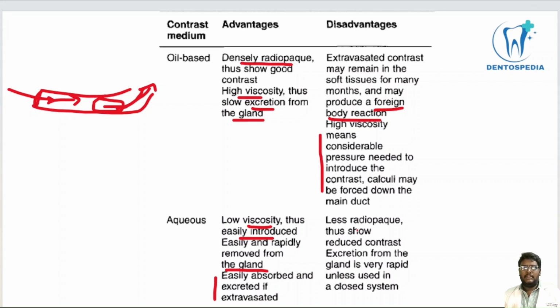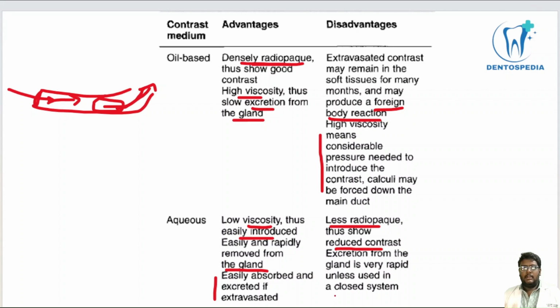Coming to the disadvantages, it provides less radio-opaque densities. Comparing radio-opaqueness between oil based and aqueous solutions, oil based gives more radio-opaque images, and aqueous based gives less radio-opaque images. Also, less contrast can be expected because there is less radio-opaqueness in the images, right?